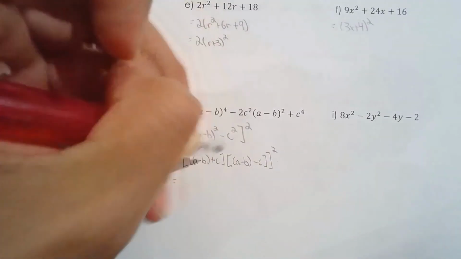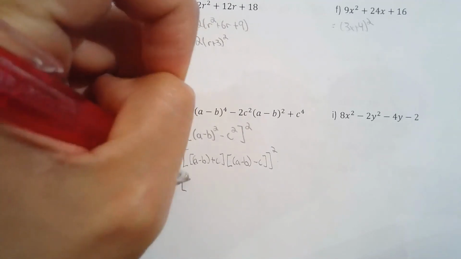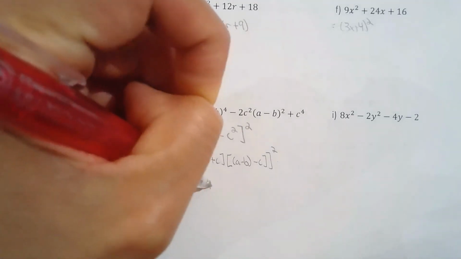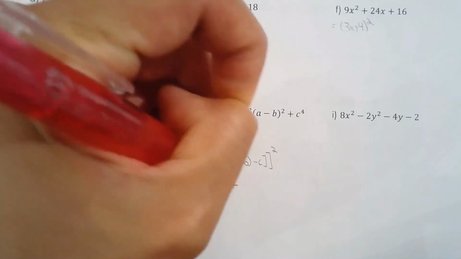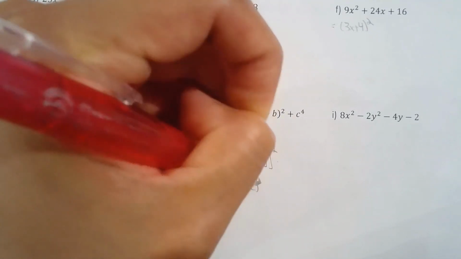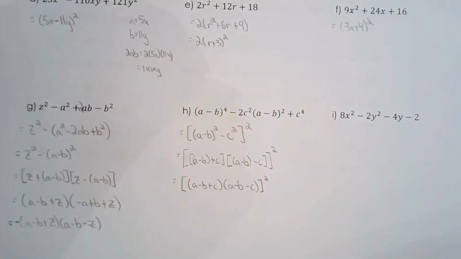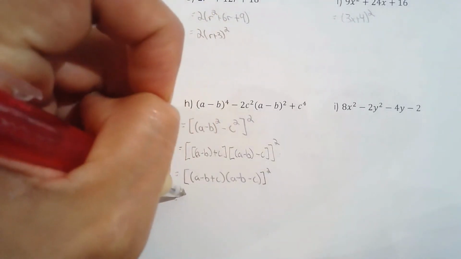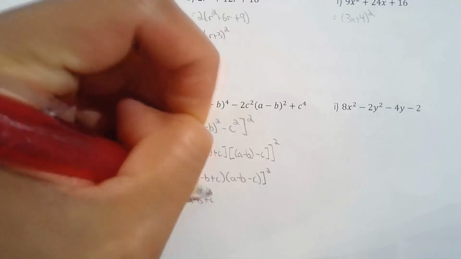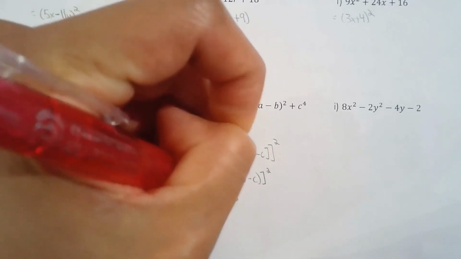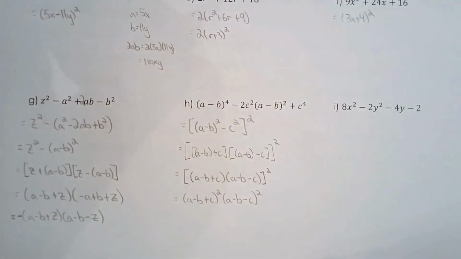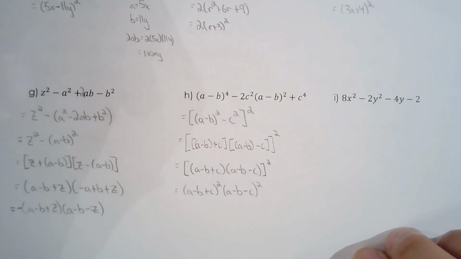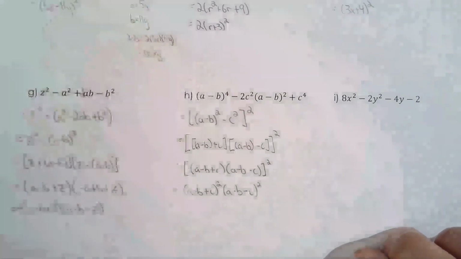So this is (a minus b plus c)(a minus b minus c). All of that's being squared, and that means I square each factor. Beautiful, beautiful. That was very pretty. I really like that actually.